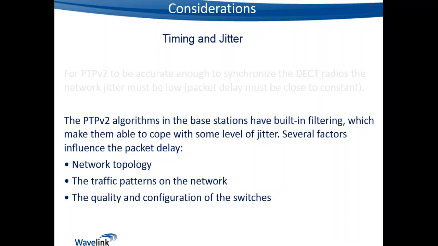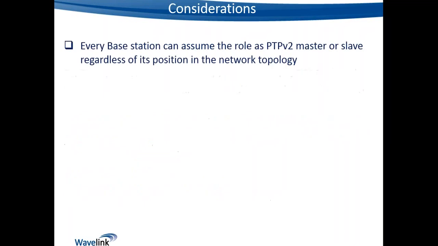So that'll be impacted by things like network topology, how many devices are on the network that will process the traffic, switches, etc. The traffic patterns on the network, is there congestion? Do we have VLANs running to split those broadcast domains? The quality and configuration of the switches, obviously we've talked about that last point quite a bit already. All those things can have an impact.